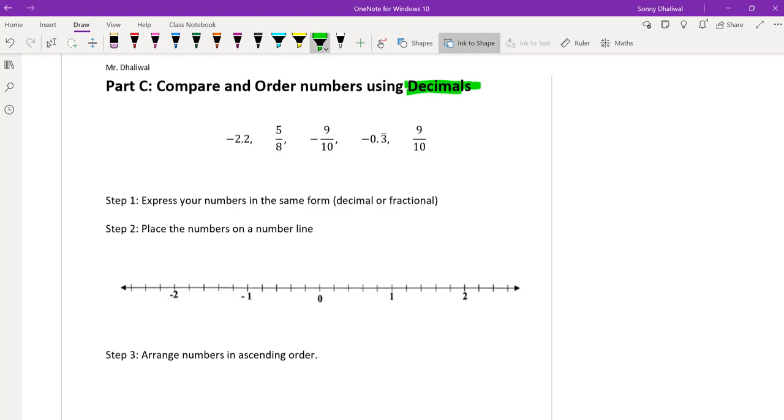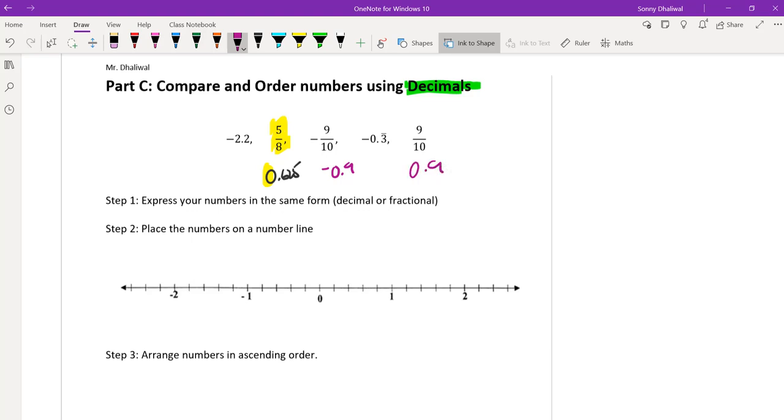The first one, we don't have to do that. So we go 5 over 8. What is that as a decimal? 0.625. And what's negative 9 over 10? Negative 0.9. And we're left with 9 over 10, which would be just positive 0.9.